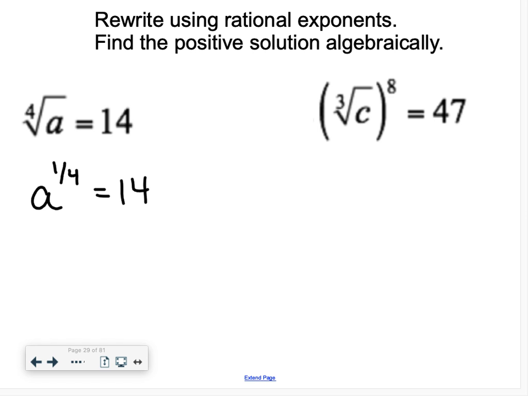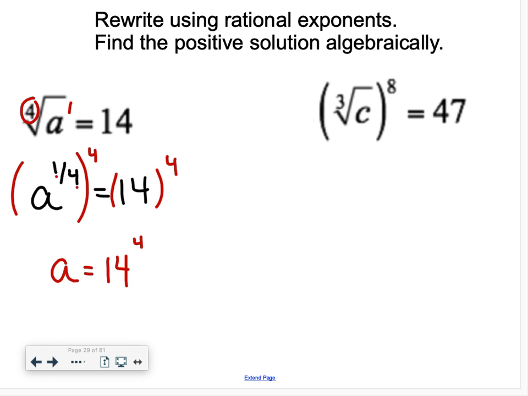So please remember, your root is your denominator of the fraction, and your power, there's technically a 1 there, is the numerator, right? So how do you undo a 1/4 power? You raise it to the reciprocal, and the reciprocal of 1/4 is 4 over 1, and you do that on both sides to balance, and you get the same answer, right? So a is 14 to the 4th power. So you can pick whatever works best for you.